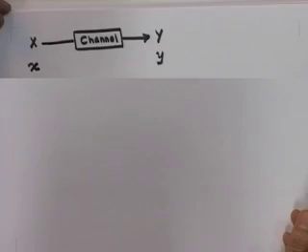Let us denote it by y. Now, if the channel were noise free, the received value y would uniquely determine the transmitted value x of the random variable. But because of channel noise, there is uncertainty about the true value of the random variable x.